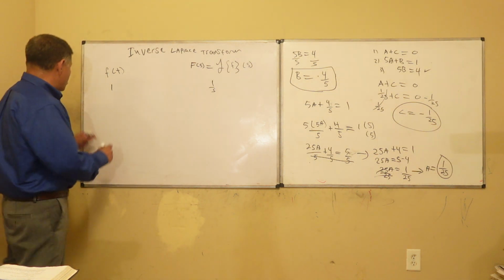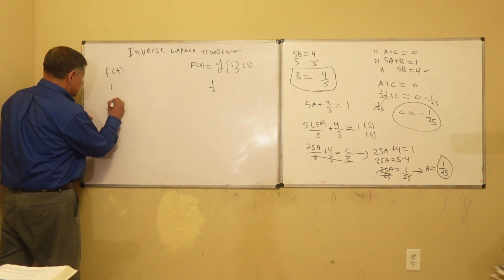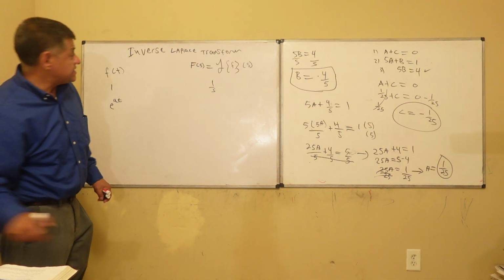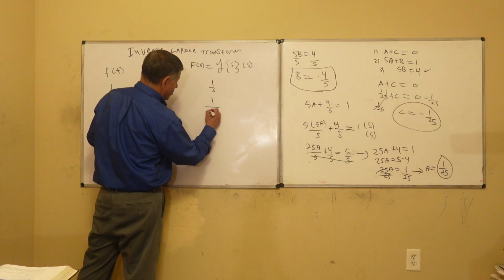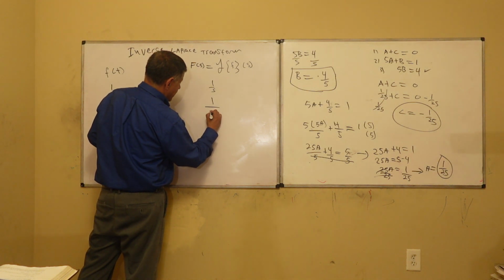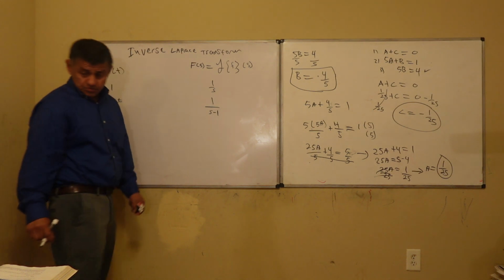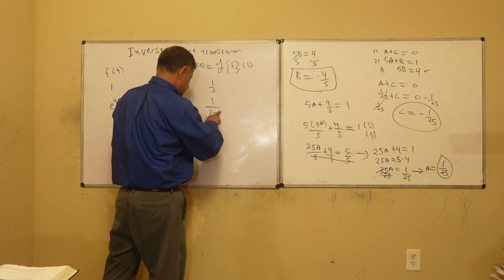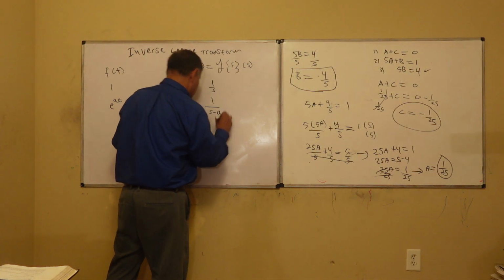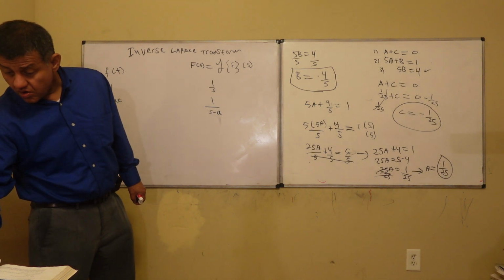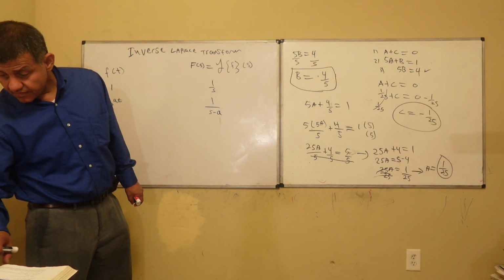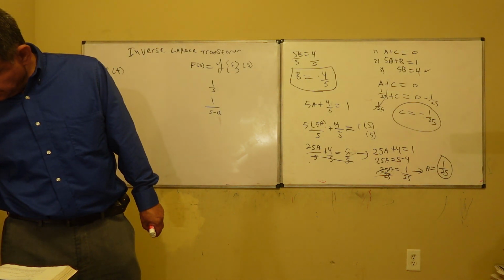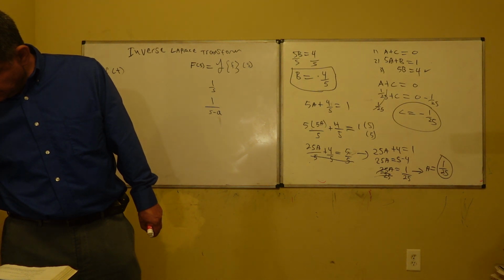When it is e to the at, the other side is 1 over s minus a.